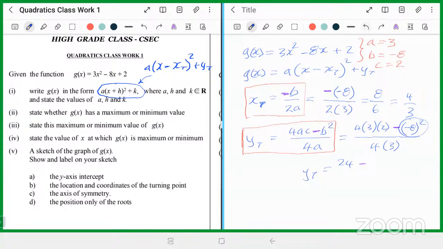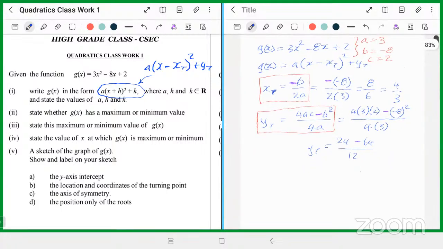That becomes 64. And then you're dividing that by this 4 times 3. 4 times 3 under here is 12. All right. And then this becomes 24 minus 64. That's a negative number. It's negative 40 divided by this 12 right here.